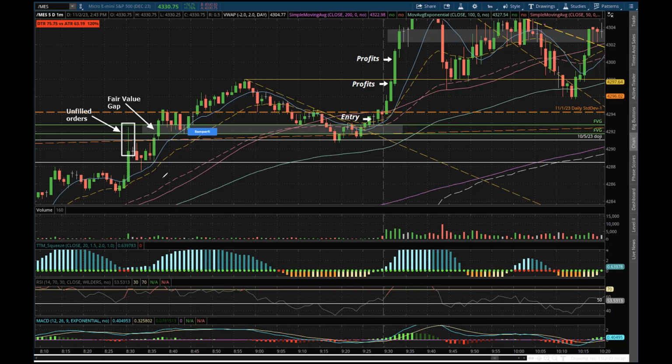No, that's good because look, you could see sellers try to come in right here on this little breaker block and take this down. As you can see, they're starting to get in right there at this daily standard dev. Yeah, it's a standard dev on daily, so that's a strong level. Sellers knew they were going to try to get in here, but then they got taken out right here by the buyers. There's a fair value gap.